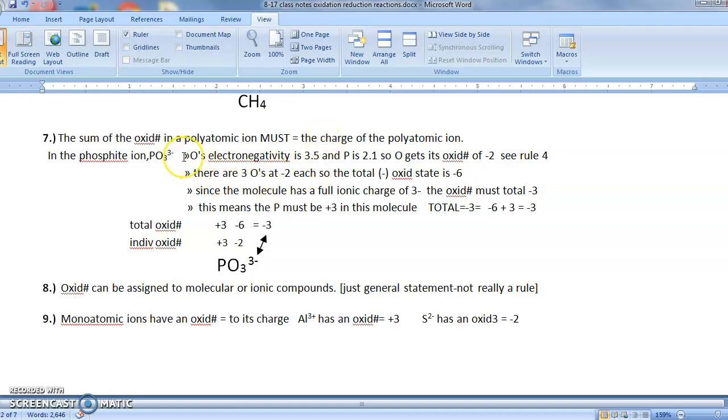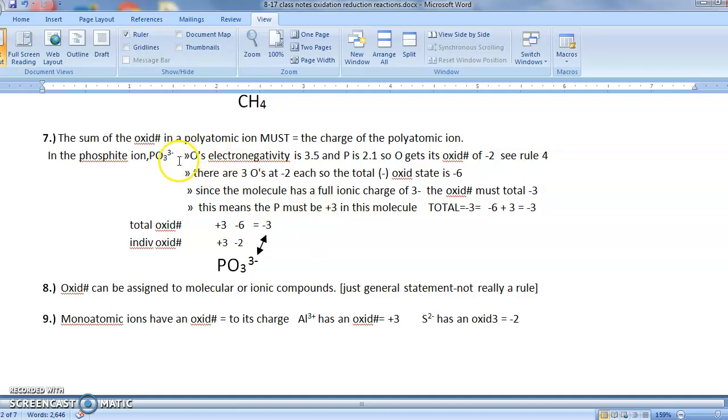Let's take a look as an example at the phosphite ion, PO3 3-. This ion has a full ionic charge of 3-. The oxidation numbers of the phosphorus and the oxygen must total -3, because the oxidation numbers must add up to the charge of this substance.